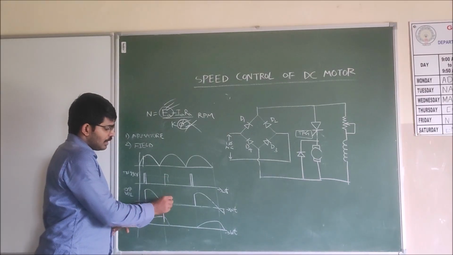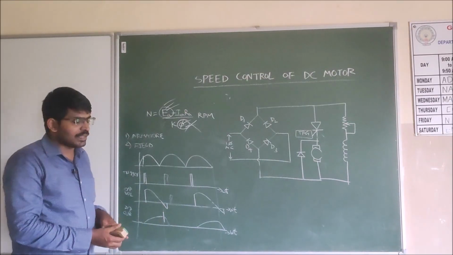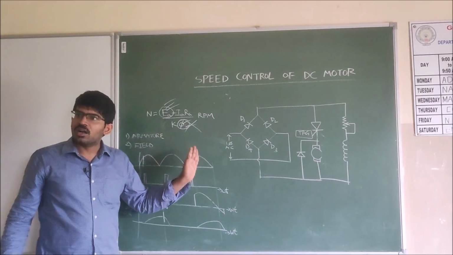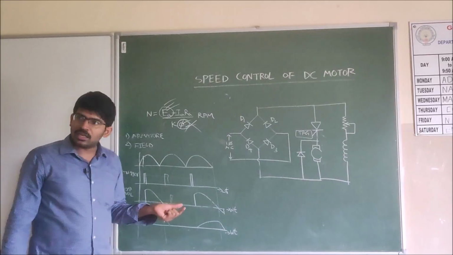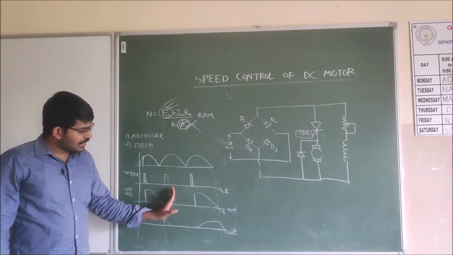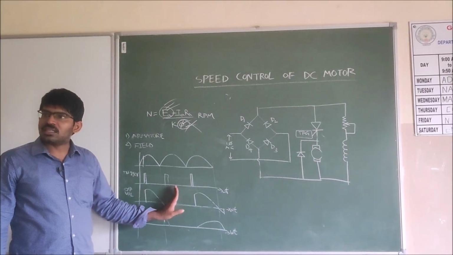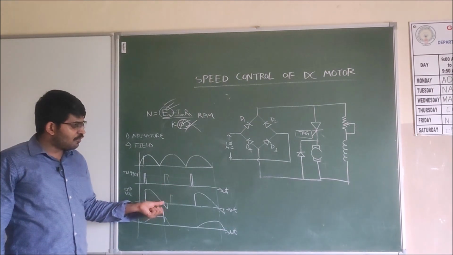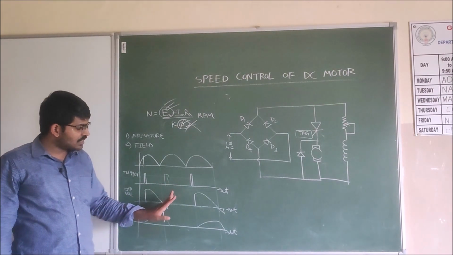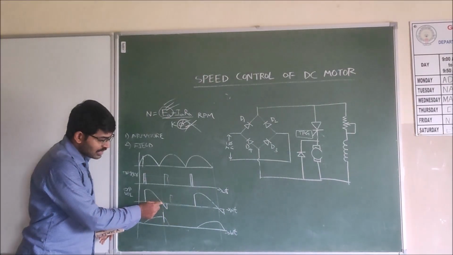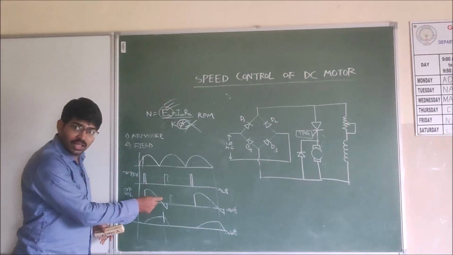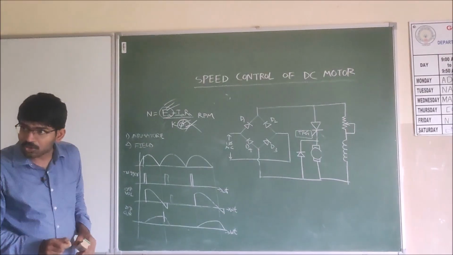Similarly, we can give the triggering pulses for each full wave rectified cycle. But we have to make sure that we should not give the firing pulse immediately after the SCR is turned off, because you are observing that even though the SCR is turned off, the voltage is not becoming zero.